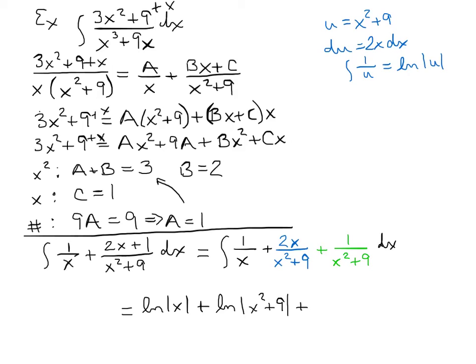Now the next one. We'll do that in green over here, right up above it. So now this one doesn't have the 2x in the top. And if you remember, we had that integral of inverse tangent, but for that one we needed a 1 instead of a 9. So this is going to require us to factor out a 9.